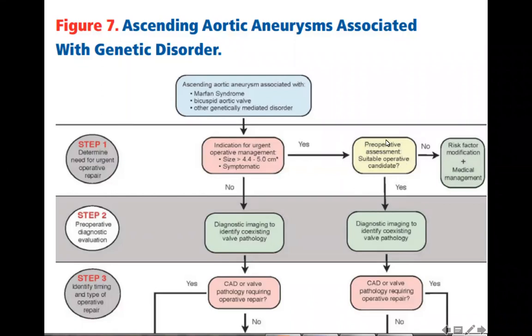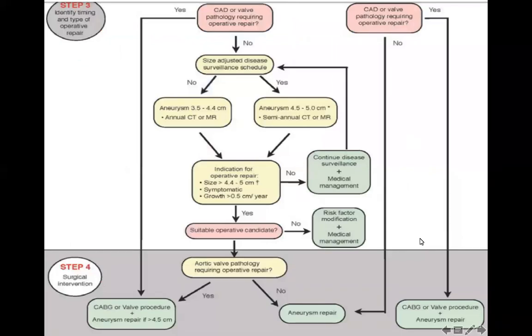If yes, we will go for preoperative assessment, and if it is suitable, we will go for diagnostic imaging for coexisting pathology, other valvular pathology, and coronary artery disease. If yes, we'll go for CABG and/or valvular procedure plus aneurysm repair. If there is no coronary artery disease or valvular disorder, we'll go directly for aneurysmal repair.